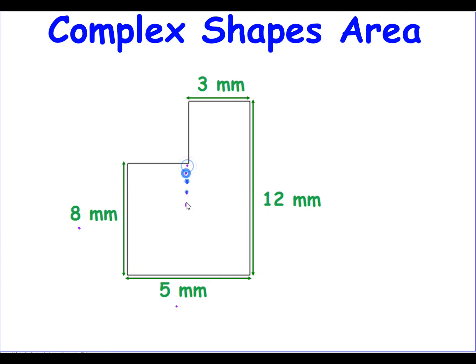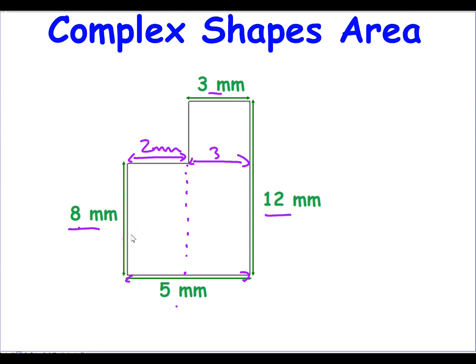Conversely, we could divide our shape this way, in which case we have our 3 millimeters by 12 millimeters that way, but this way we have our 8 millimeters and we need to find this width here. So let's do that. If the full width is 5 and the width up to here is 3, then this must be 2 millimeters.